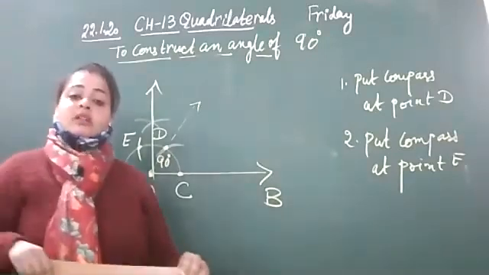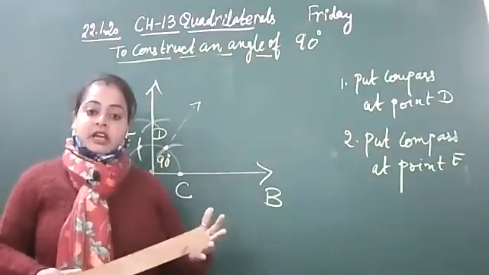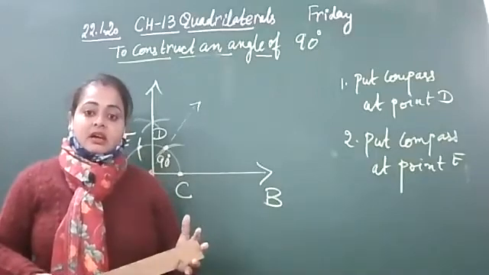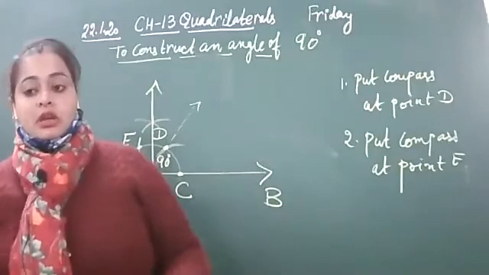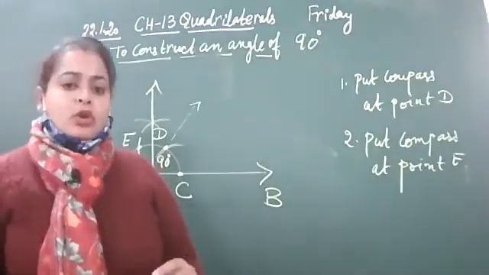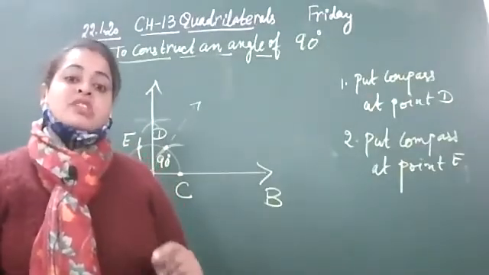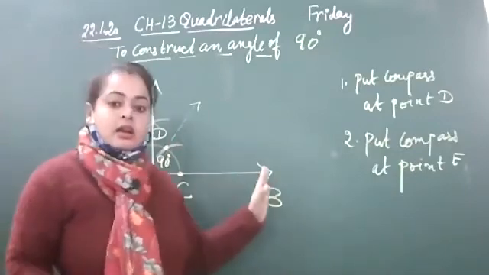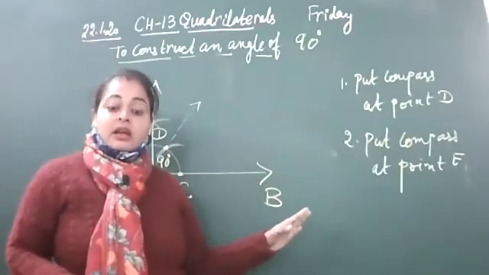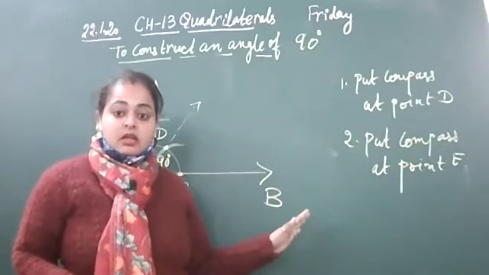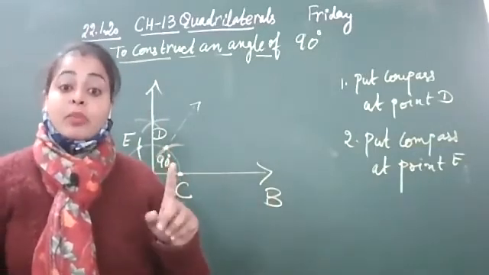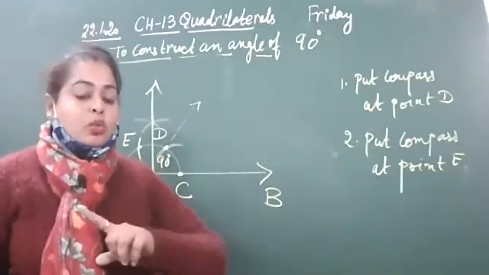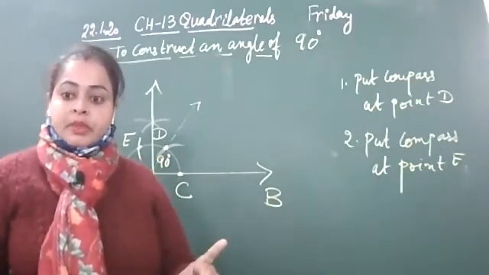Fine. So like this, we will draw 60 degree angle, 120 degree angle and 90 degree angle. Now students, listen to me very, very carefully. If in exam you will observe any question which is based on 60 degree angle, 120 degree angle and 90 degree angle, then you have to draw angles with the help of compass, not with the help of protractor.